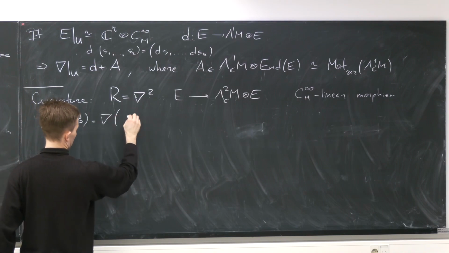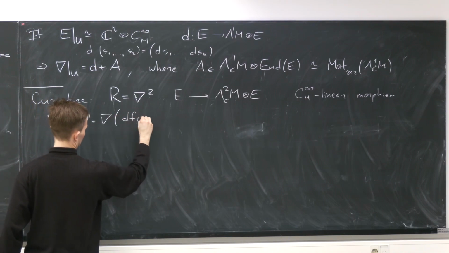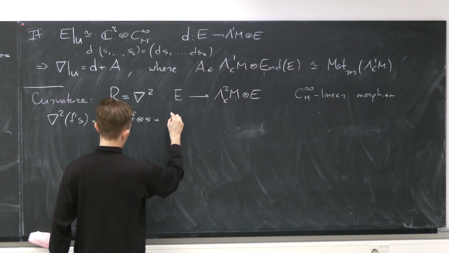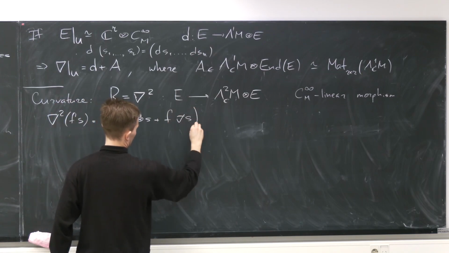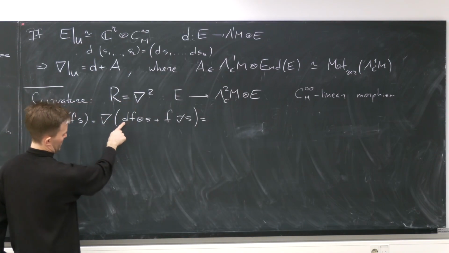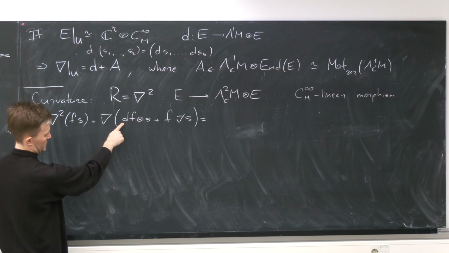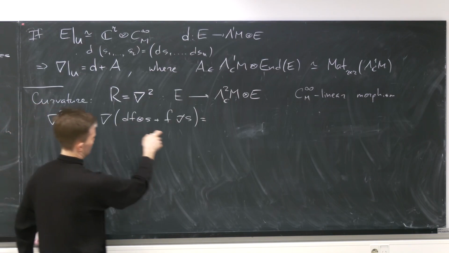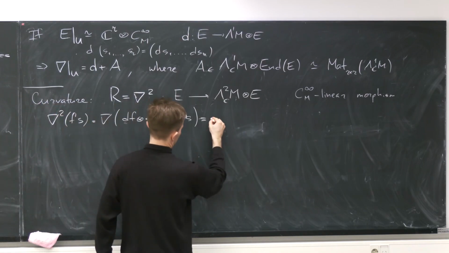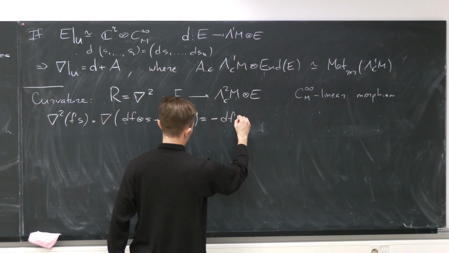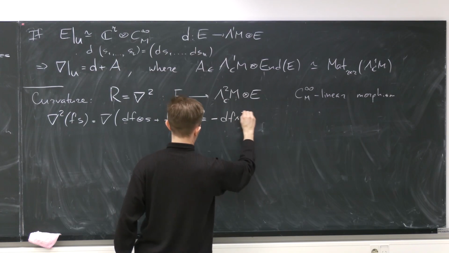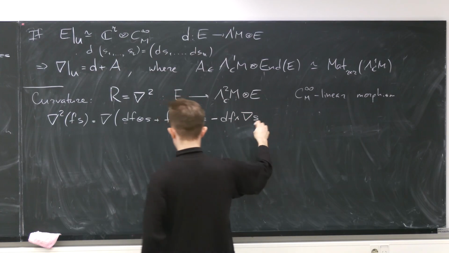So let's check this quickly. Here I apply nabla. So here I get d squared f, which is 0. Then I get minus df wedge nabla s.